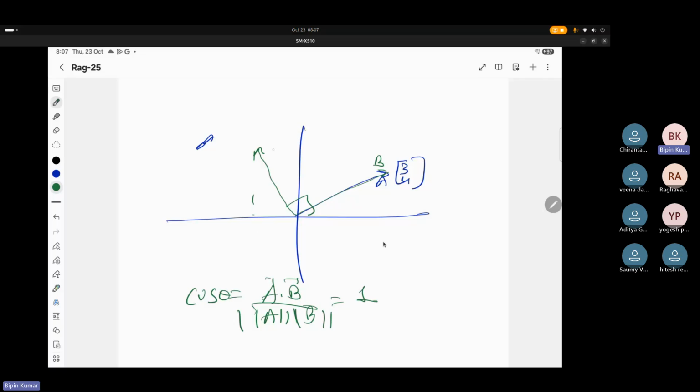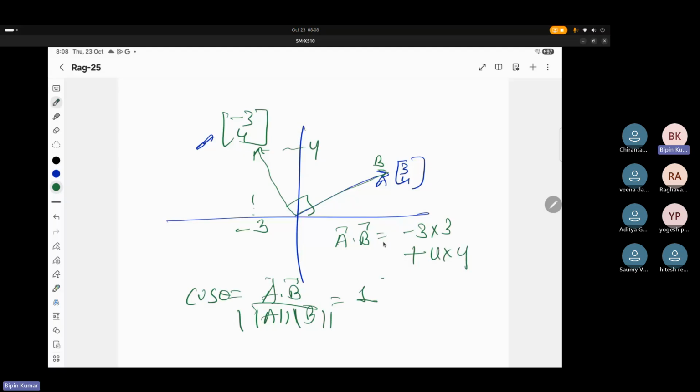For example, if I take a as 3, 4 and b as -3 comma 4, then the dot product a dot b will be -3 into 3 plus 4 into 4.